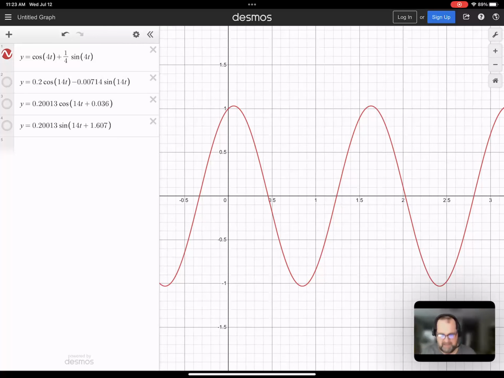But what you can see is that when t equals 0, it does indeed start at 1, and it goes up, and you want to be convinced that it's going up at a slope of about 1 at the very beginning. You'd have to kind of believe that that's about a 45-degree angle there.